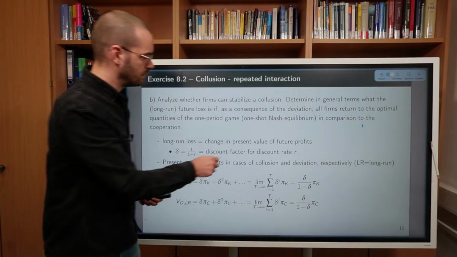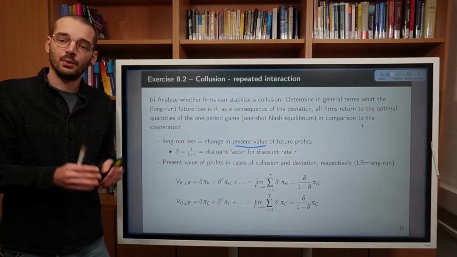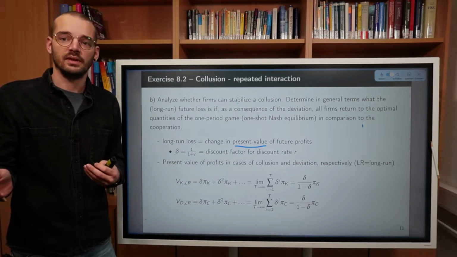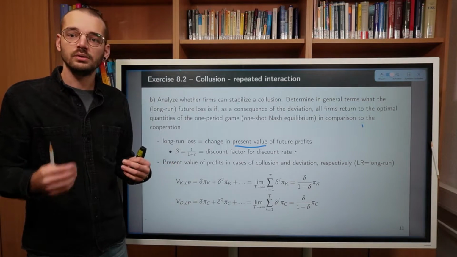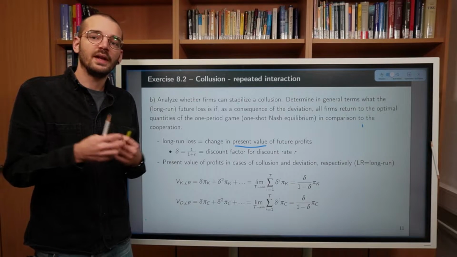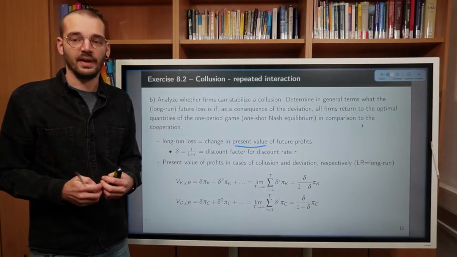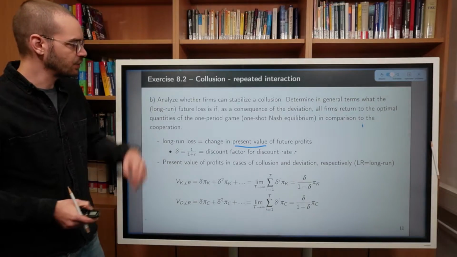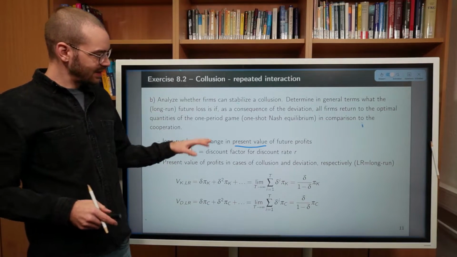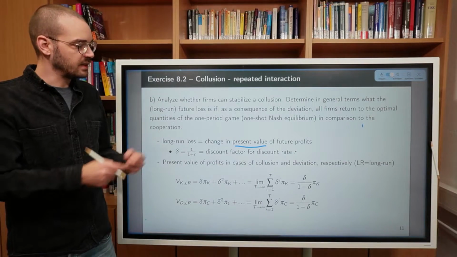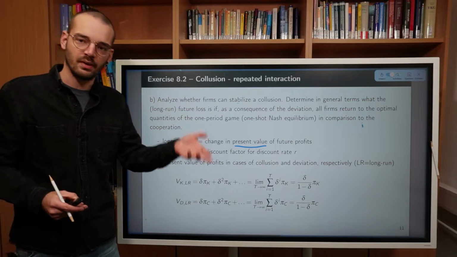We are now going to have to talk about present values of profits because we're now entering this multi-period world where, of course, if you want to compare cash flows over multiple periods, we will have to consider them relative to some base period. We will have to discount them basically into the present in order to compare them. So the long run future loss then is the change in this present value, in this discounted value of the cash flow of all future profits.